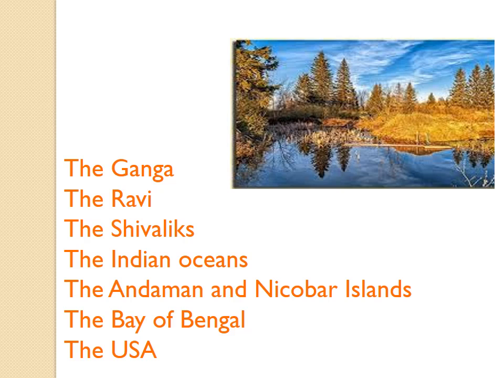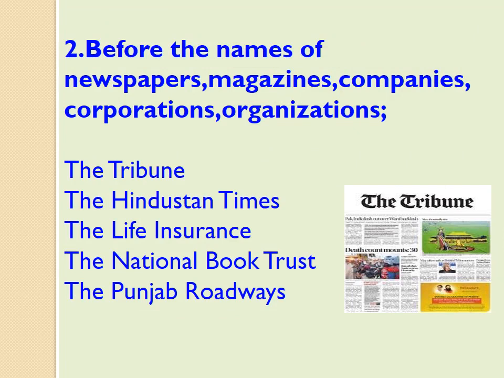Next is before the names of newspapers, magazines, companies, corporations, and organizations. Let me repeat the words once again. We use the definite article the before the names of newspapers, magazines, companies, corporations, and organizations.